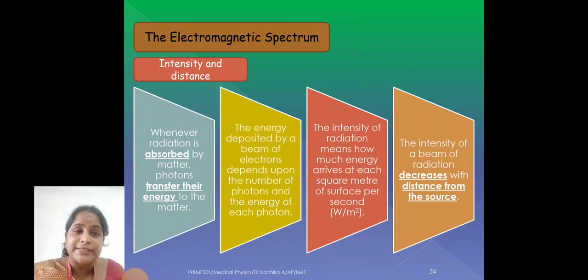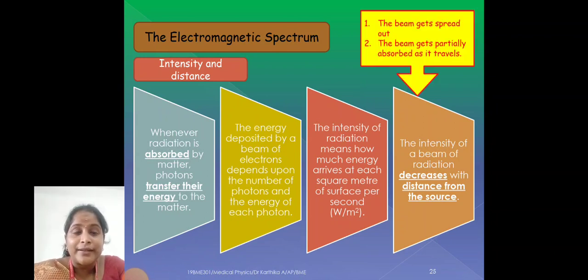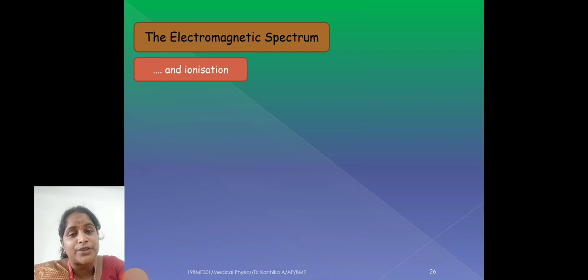The energy deposited by a beam depends upon the number of photons and the energy of each photon. The intensity of radiation means how much energy arrives at each square meter of surface per second. The intensity of a beam of radiation decreases with distance from the source. The beam gets spread out, and also gets partially absorbed as it travels.